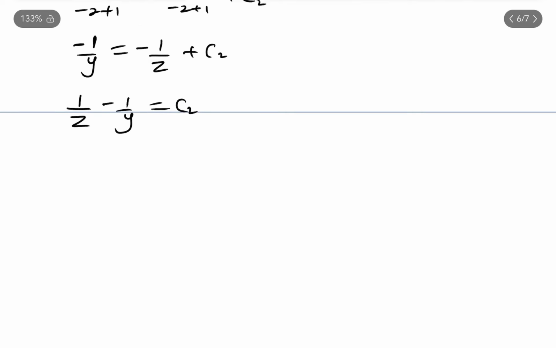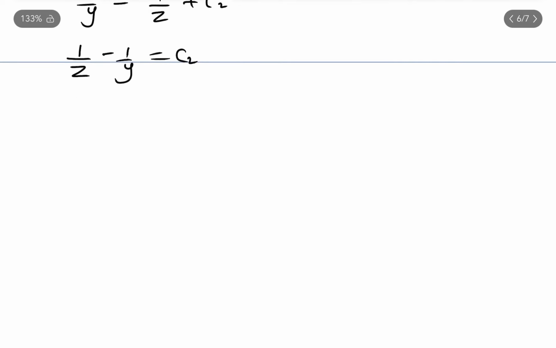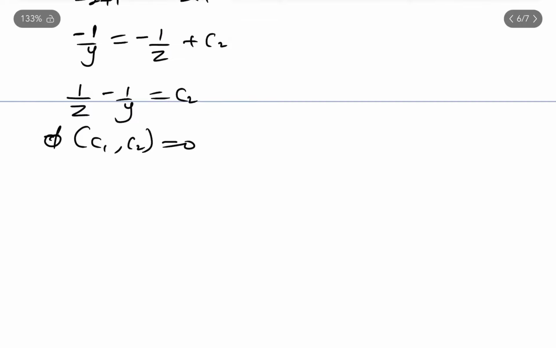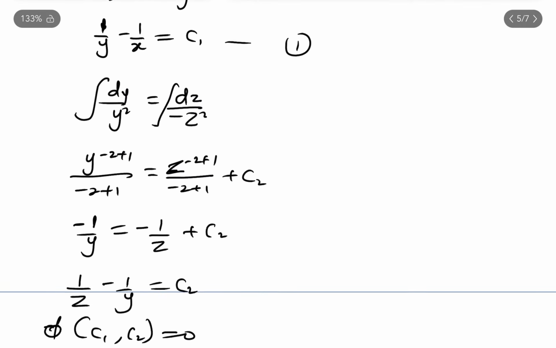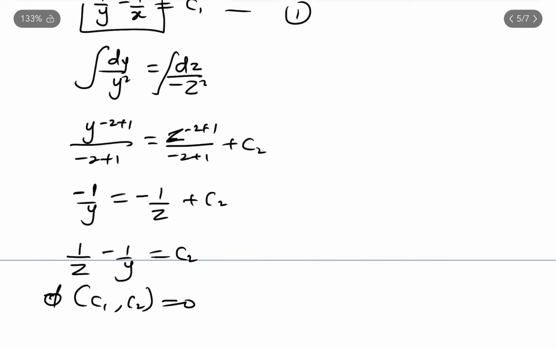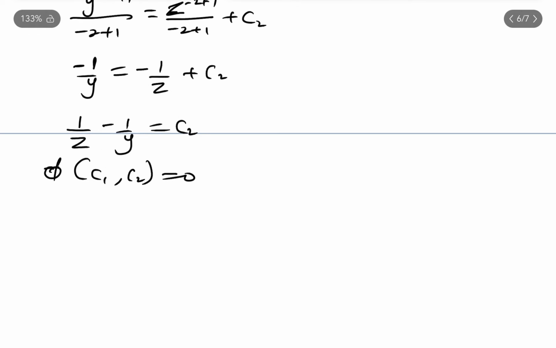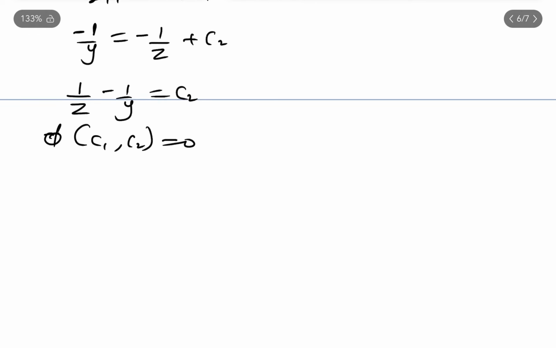So the general solution of an equation in this Lagrange form is going to be phi of c1, c2 equals 0. And what's our c1 in this case? Our c1 is 1 over y minus 1 over x, and our c2 is 1 over z minus 1 over y.